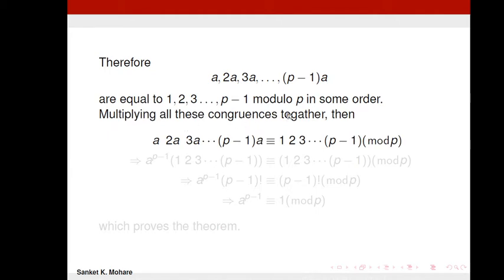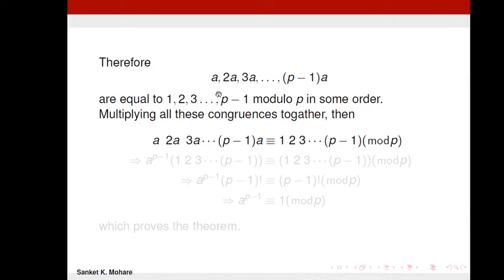Multiplying all these congruences together, we obtain a times 2a times 3a and so on up to (p minus 1)a. The product of these integers is congruent to 1 times 2 times 3 and so on up to p minus 1, the product of these.